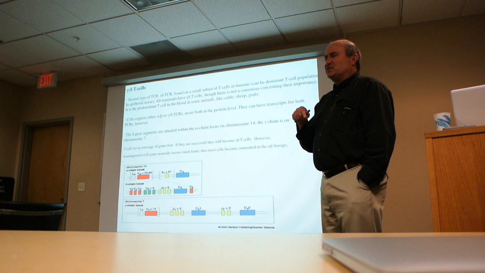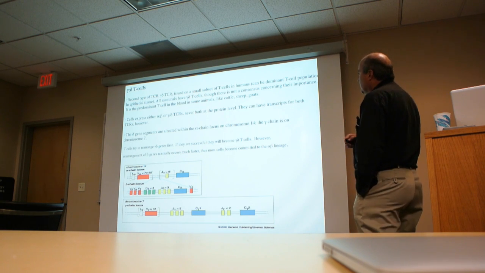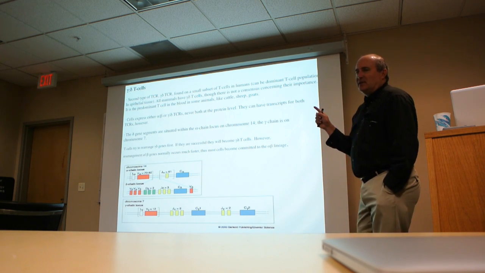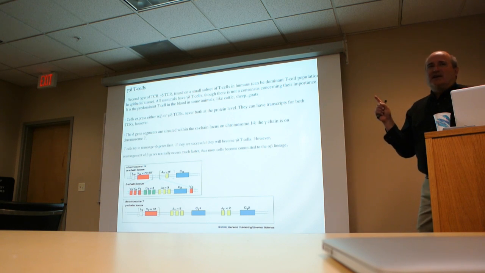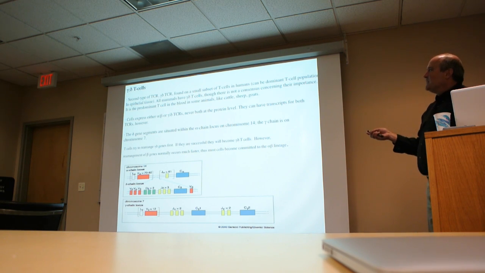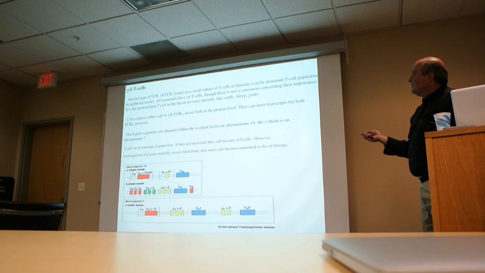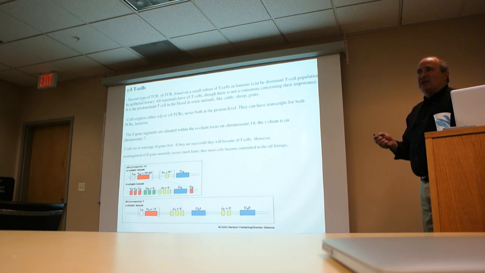So we have differences between animal species, but every single animal that has a complex immune system has these cells, and they were the first to arrive in evolution. They actually came up before the alpha beta, and their functions aren't as restricted.